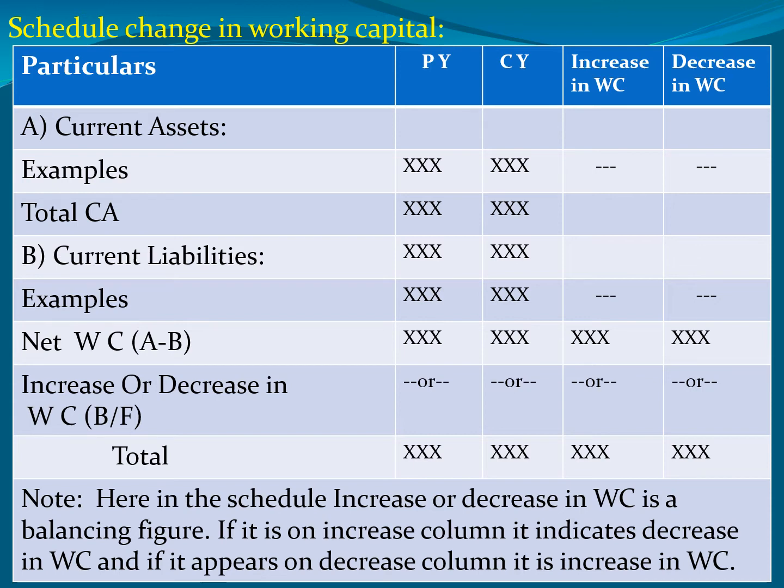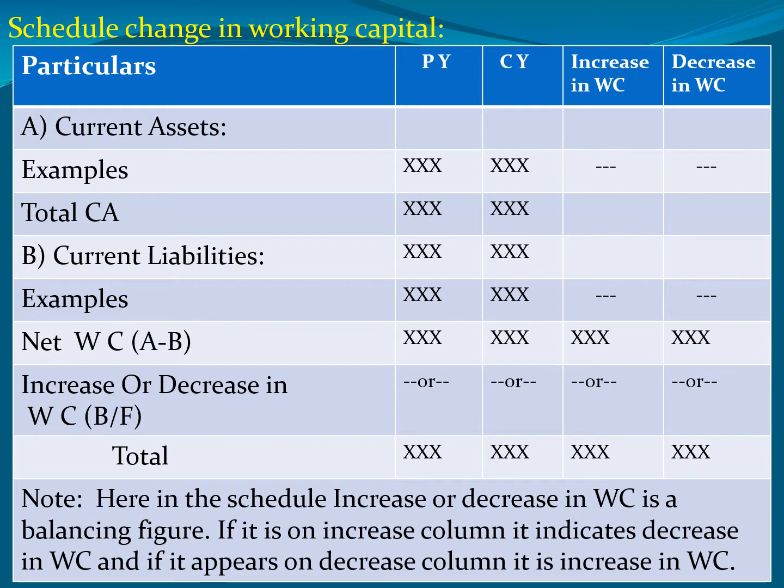Suppose it is 30,000 and 20,000. So 30,000 minus 20,000, that 10,000 is net decrease in working capital. So this is the basic thing you will understand. Similarly, in increase and decrease of working capital, you write the grand total and write the missing figure in the column. Here you have to remember, the amount you write in increase in working capital is nothing but the excess of decrease over the increase in working capital.